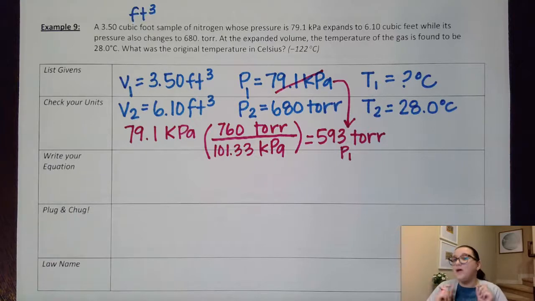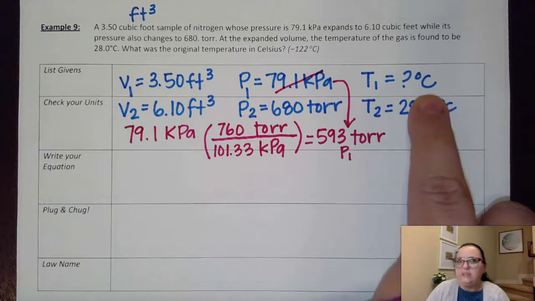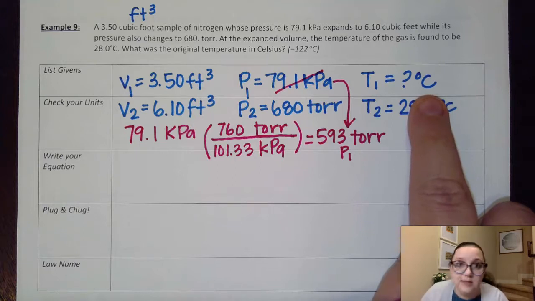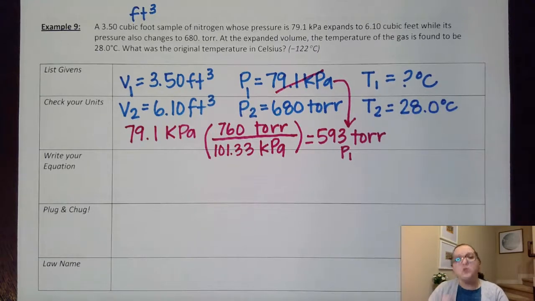But remember, the other thing I need to check is that temperature is in Kelvin. Now, this is where I always get lots of questions. People say, well, but Miss Marusik, this says degrees Celsius, so wouldn't I want to do this problem in degrees Celsius? Nope. And I'm going to tell you why. Your proportions that we set up with the combined gas law are only true if that temperature is in Kelvin.